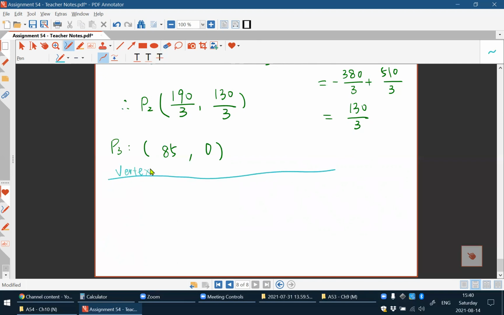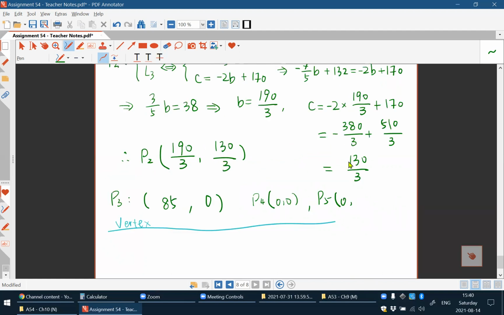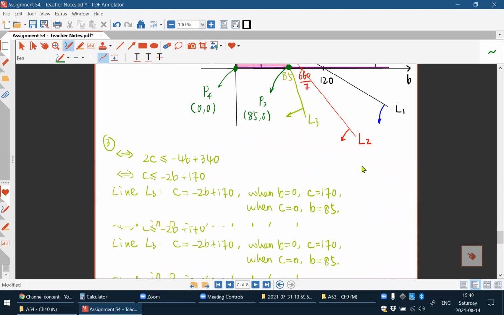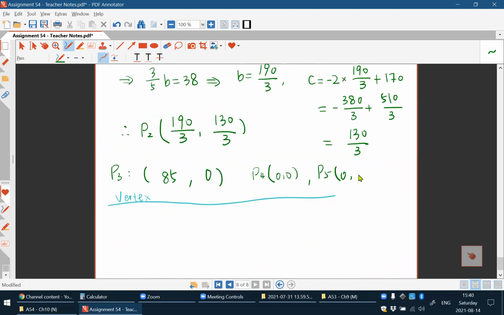Vertices. Okay, let's see. P4 is 0, 0. P5 is 0, 120. Okay, let's put all these vertices into the table. P1.